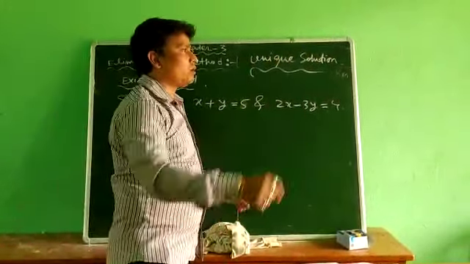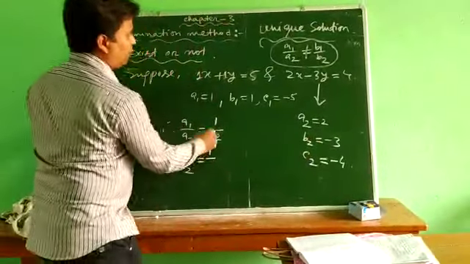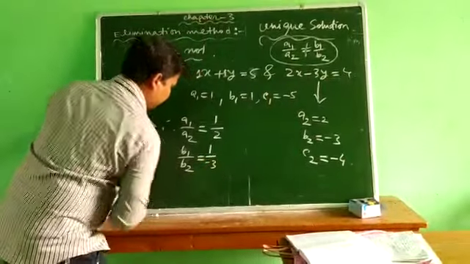So just find the ratios. a1 by a2: a1 is 1, a2 is 2. b1 by b2: b1 is 1, and b2 is minus 3.